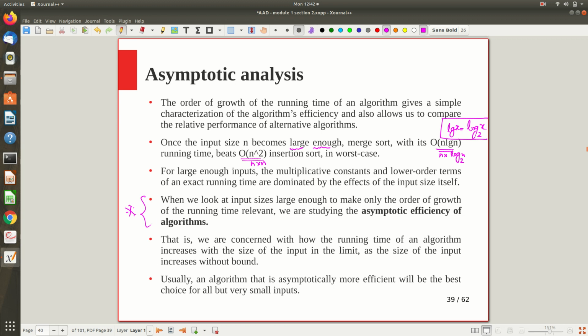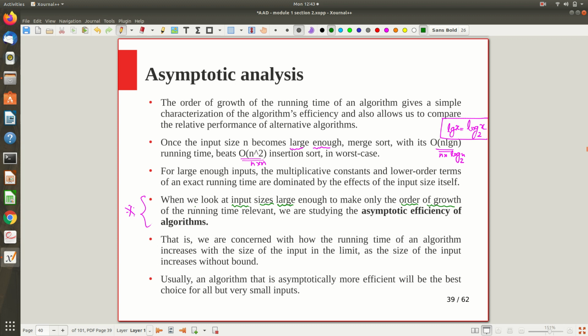It tells us the asymptotic efficiency of different algorithms. Two things are important: first, we should focus on large input size, and second, we focus on the order of growth of the algorithm and not the actual step count analysis. Keep these two things in mind.